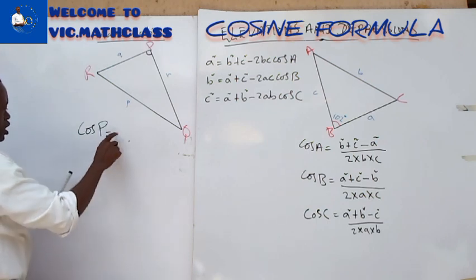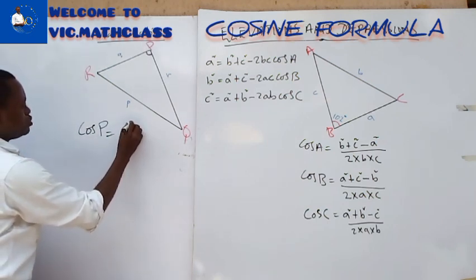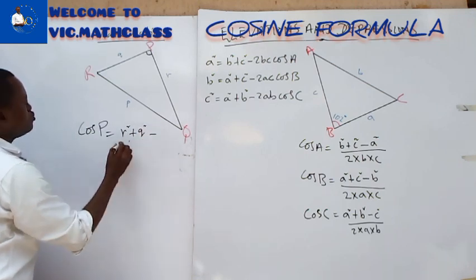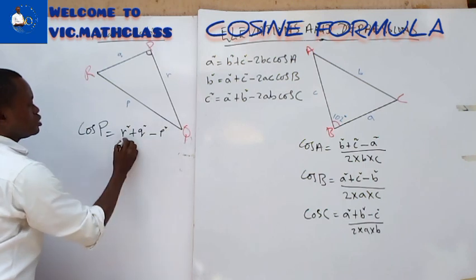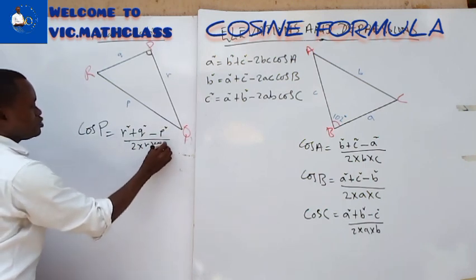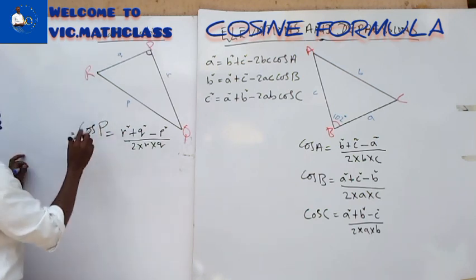So you can see I will be taking small r squared plus small q squared, then I will remove small p squared all over 2 times r times q. That's it. Then what about if I am taking r?